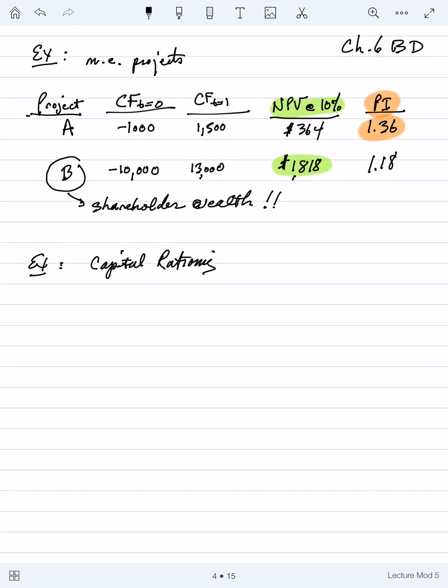They say, look, when there's capital rationing, use the profitability index so that you can rank your projects. But I think we should disagree with that.